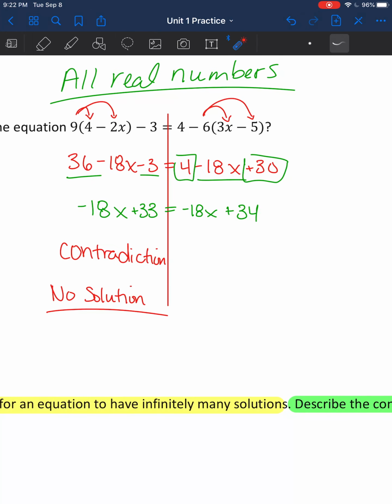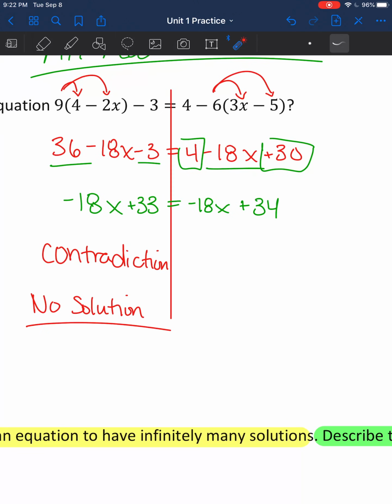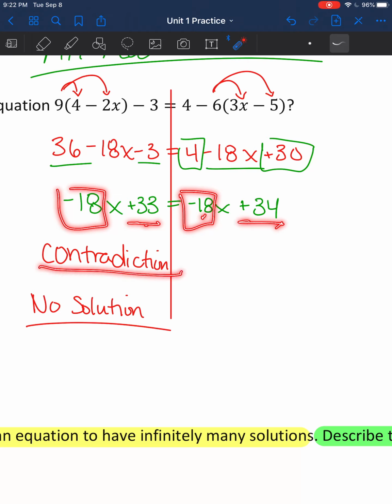In order for an equation to have no solutions, the coefficients of your variable need to be the same, but the constants of your equation are different. That's called a contradiction, and a contradiction means that your equation has no solution.